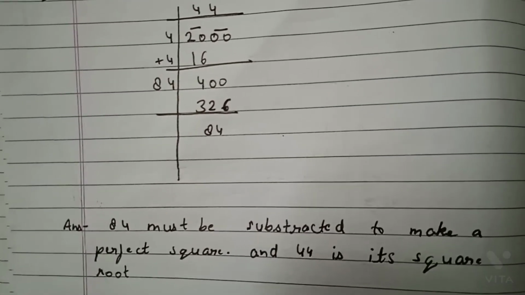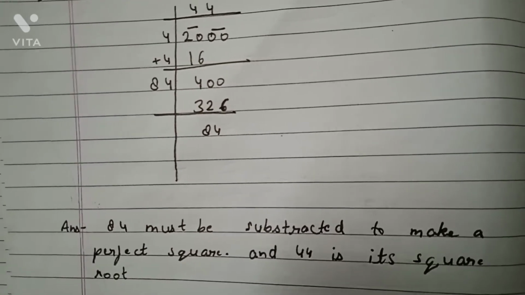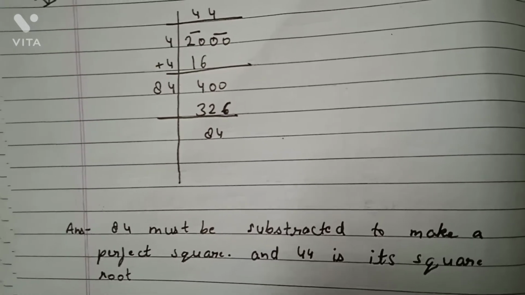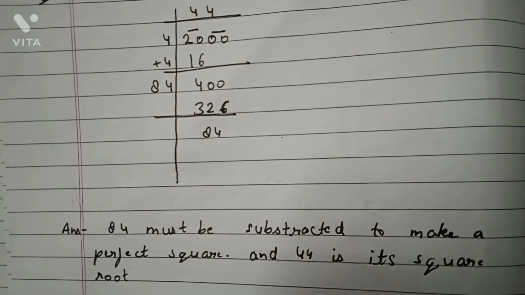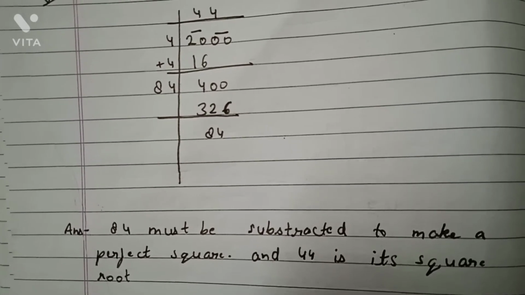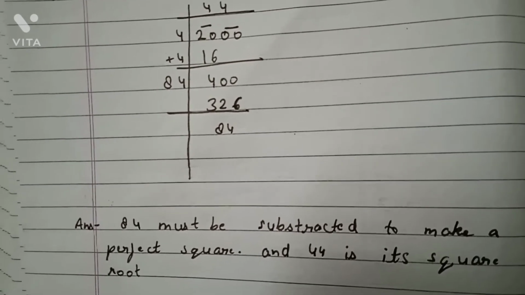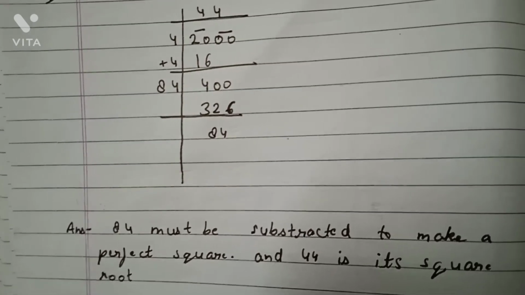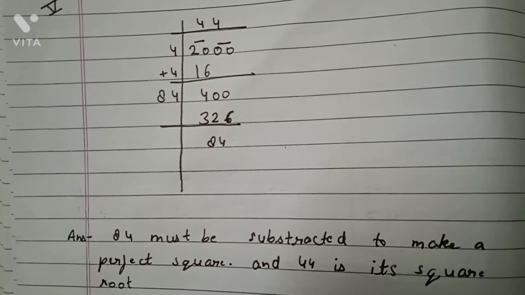So means 84 must be subtracted to make the perfect square and the value will be 44 whose square will be 1936. So let's move to our sixth question.